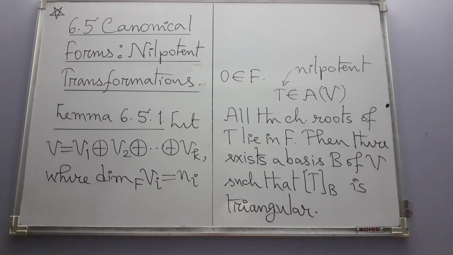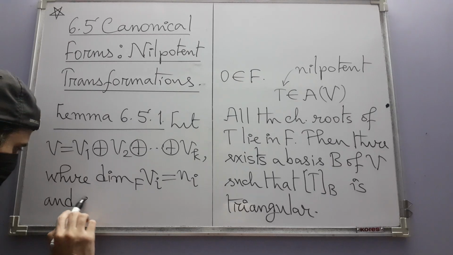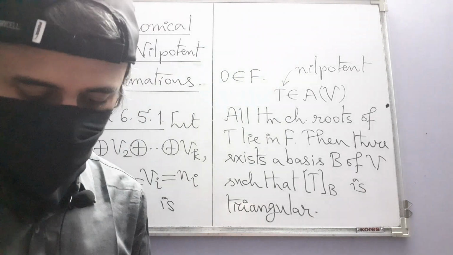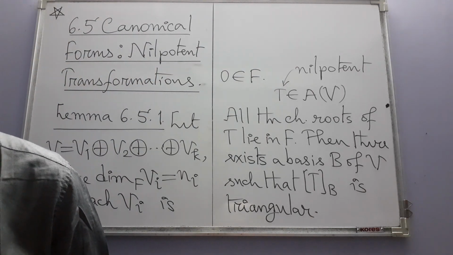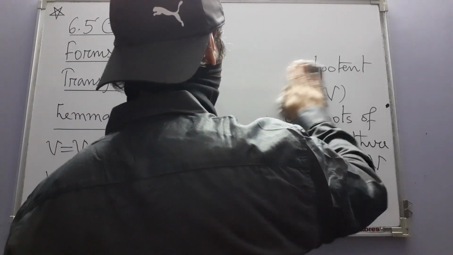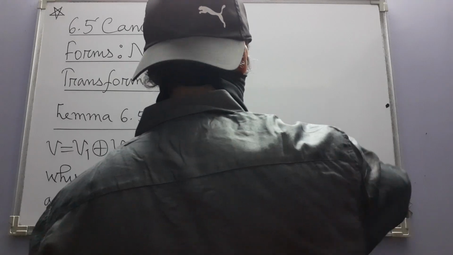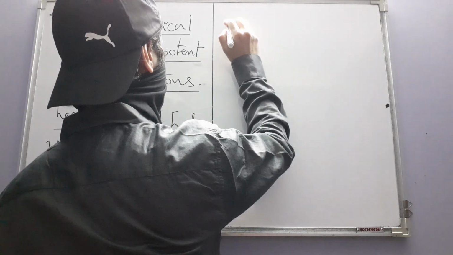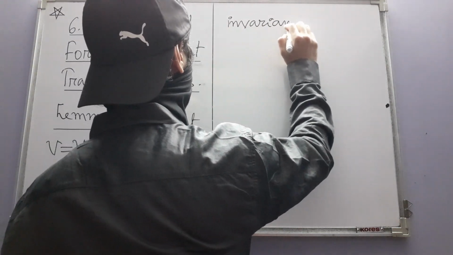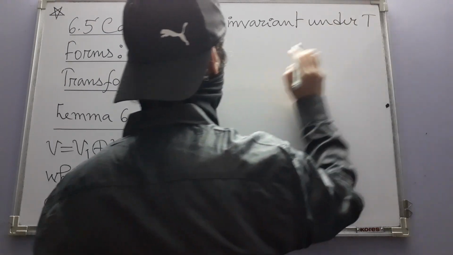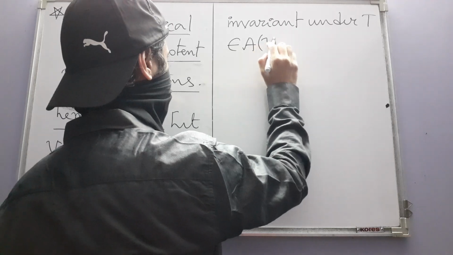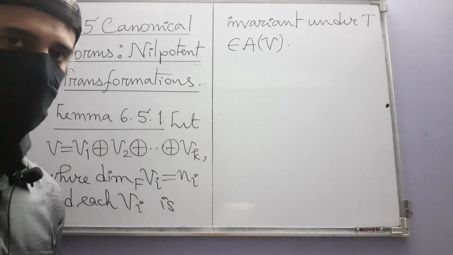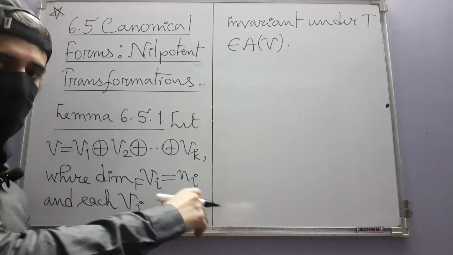And there is a condition on these Vi's. Each Vi is invariant under a linear operator T, which is a linear operator on V. So this entire thing is the hypothesis of the statement, and then we will say what happens.